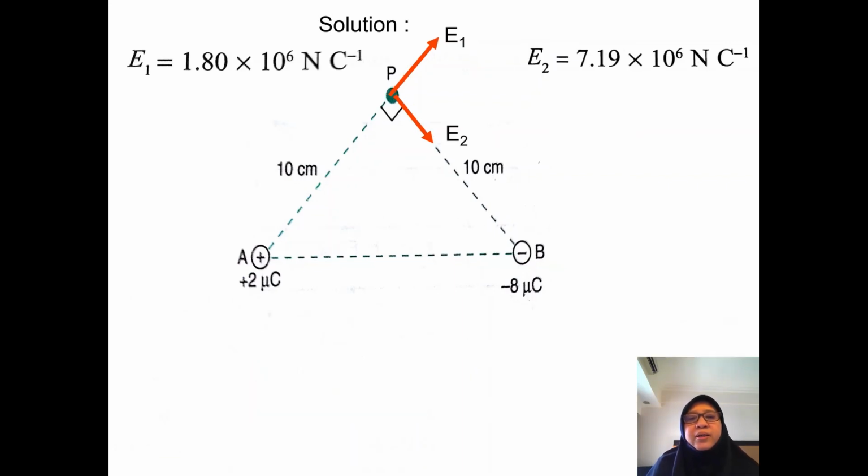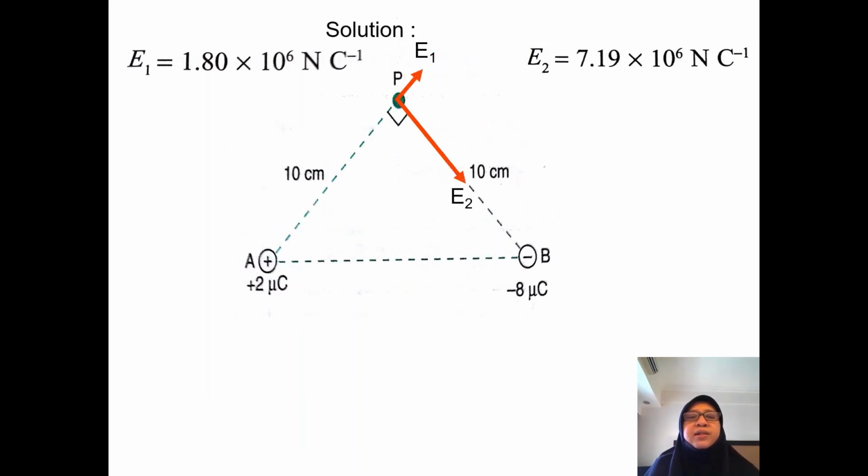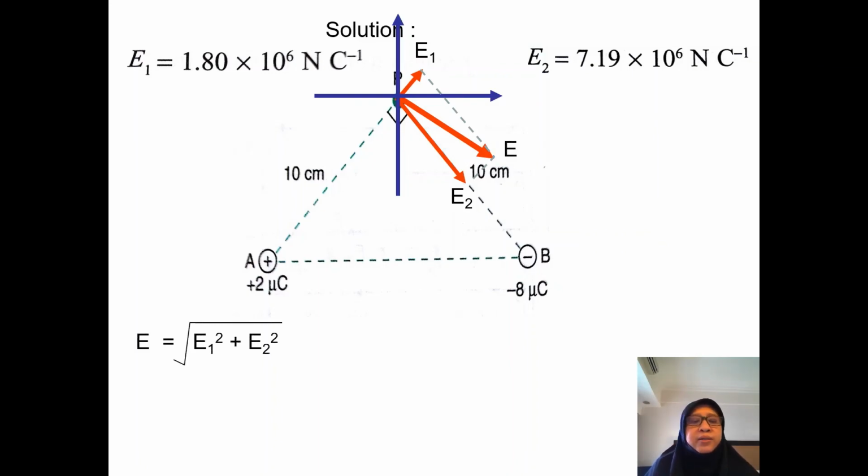Then from these two values, you find the resultant electric field. For the resultant electric field, you can use the resolution method, drawing the parallelogram.